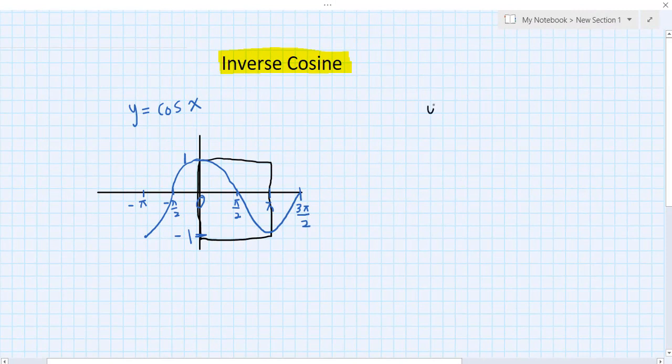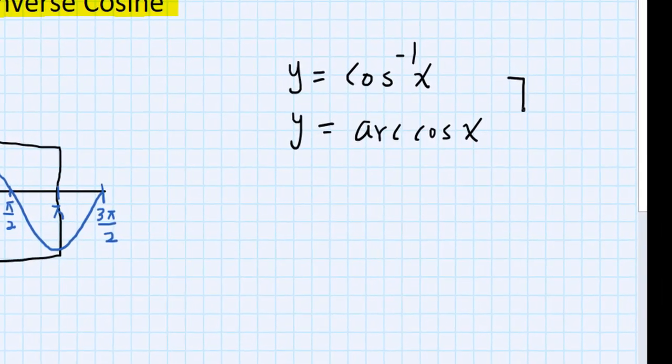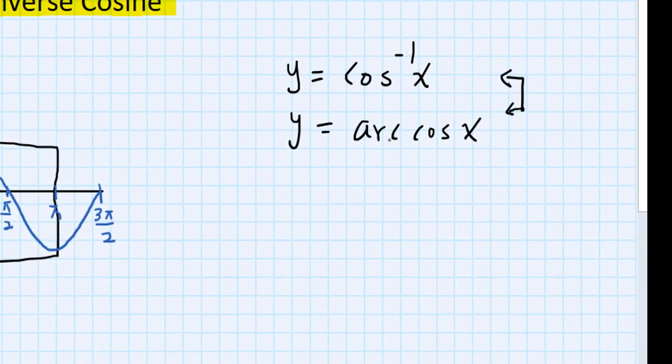When you graph the inverse of cosine, we could use that notation, or we could use arc cosine of x. These two are the same thing. When you graph that, the domain of cosine, which is 0 to pi, becomes the range, so 0 to pi.